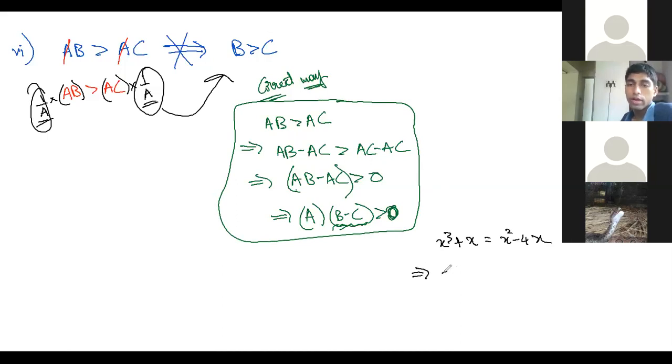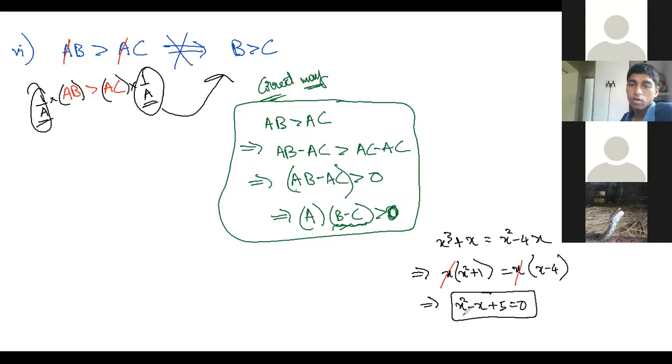And what people would do, they will take x common. x square plus 1 equal to, you take x common, x minus 4. X cancels out. And from here you get a quadratic equation, x square minus x plus 5 is equal to 0.